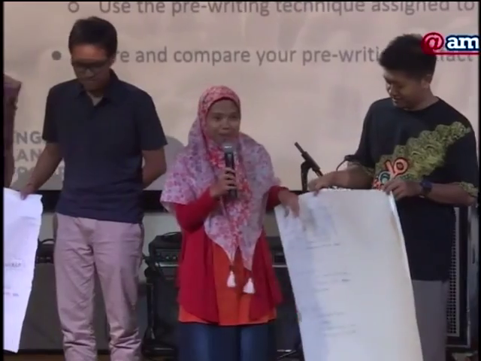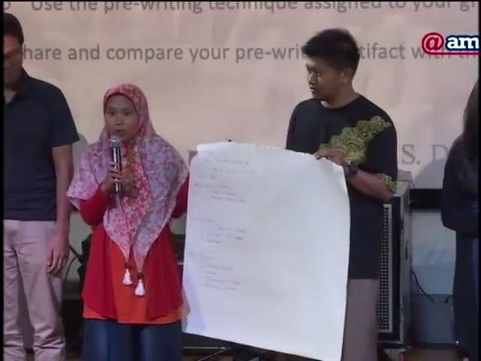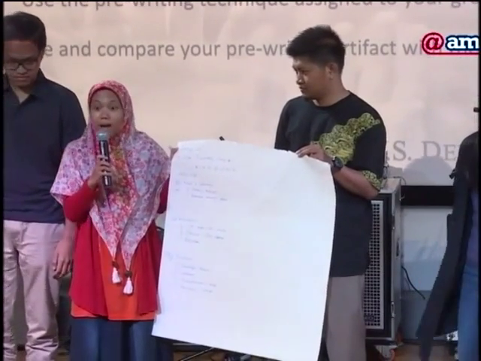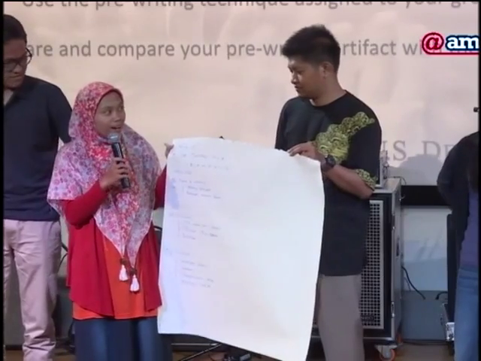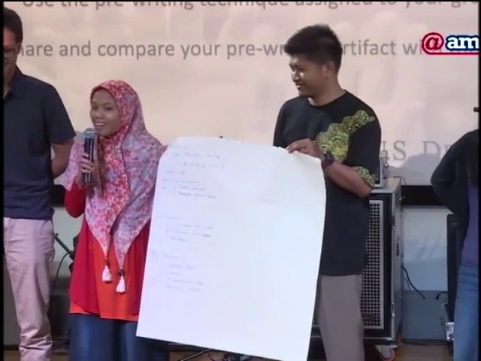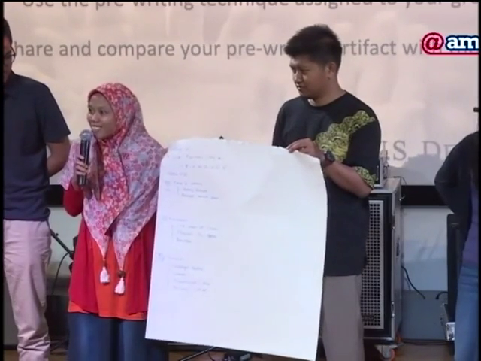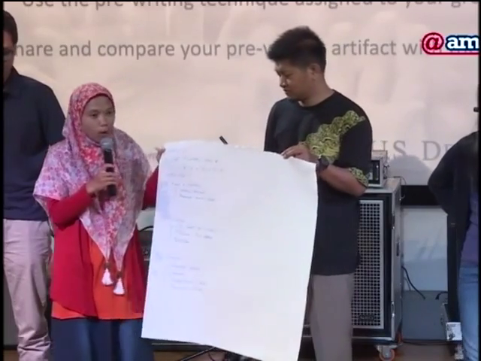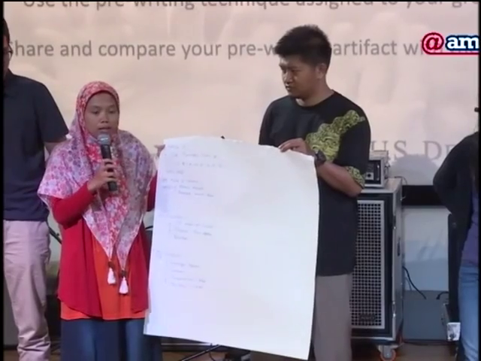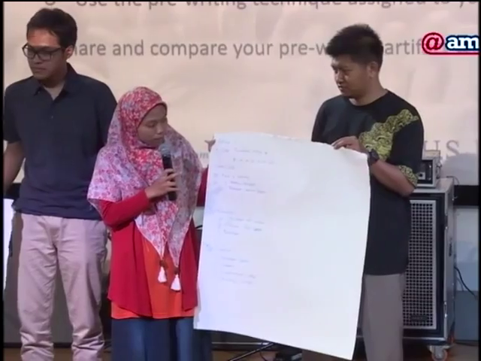Okay, thank you. Our group wrote the outline for our writing, and our group chose Bandung as our favorite city. However, our group mentioned many cities like Jakarta, Surabaya, and then we chose Bandung. When we hear the word Bandung, some people imagine many things.